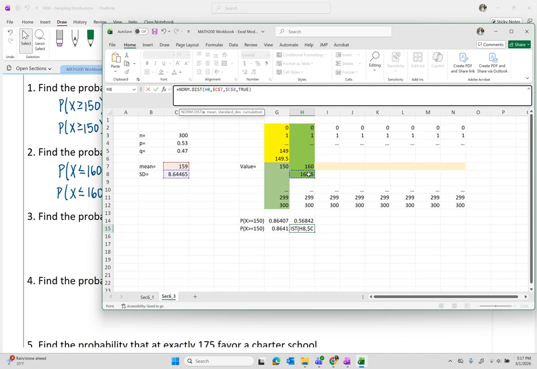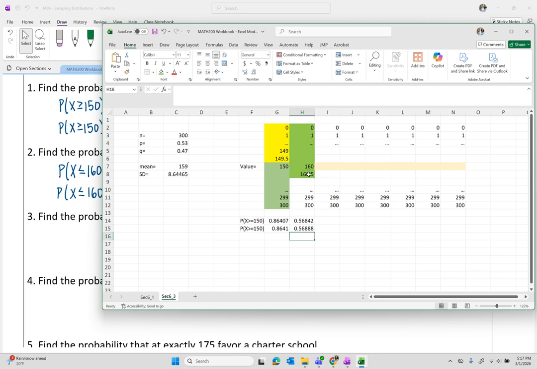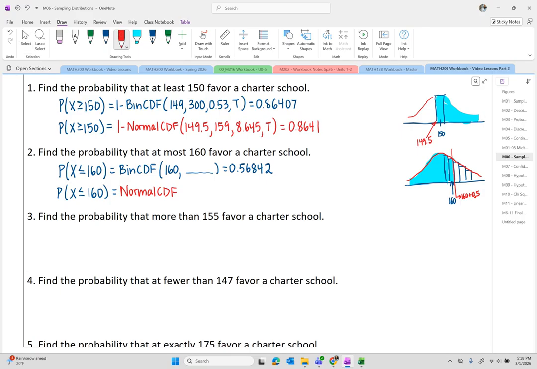And the mean is 159, and the standard deviation was the standard deviation of the binomial distribution. And this comes out to be 0.56888. And you can see here that again we are very close with accuracy to the thousandth, and very close again with accuracy to the 10,000th, approximately only 4 10,000ths away.